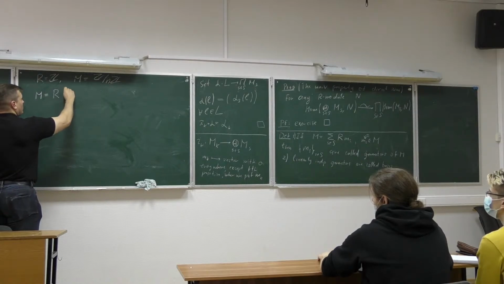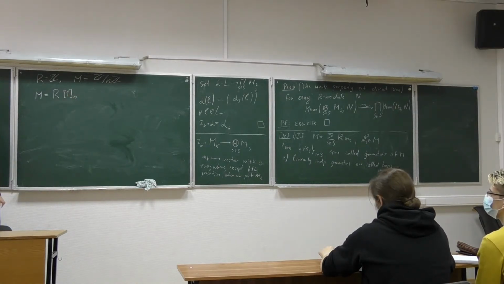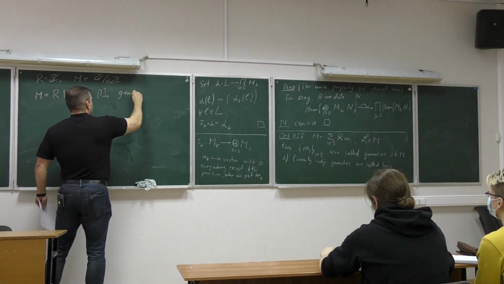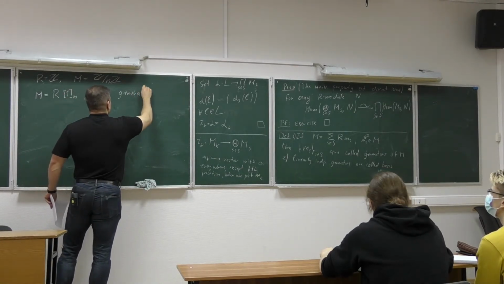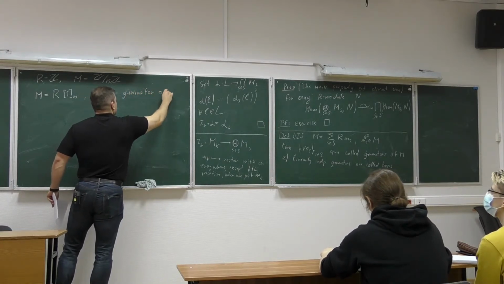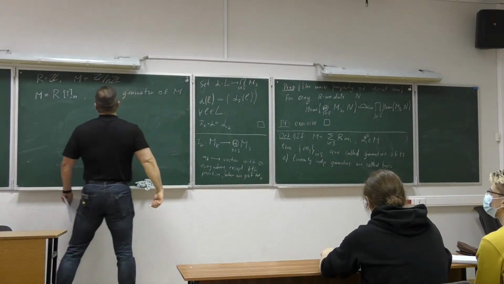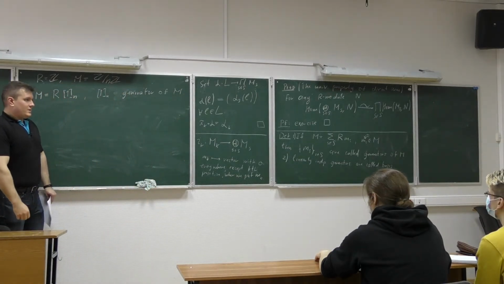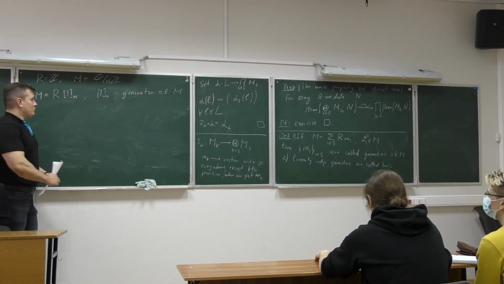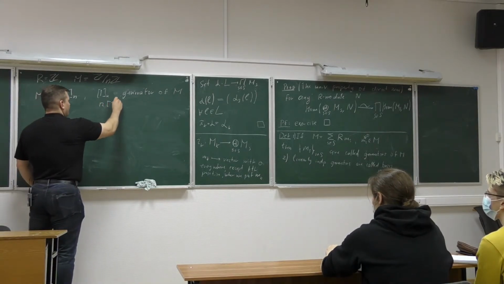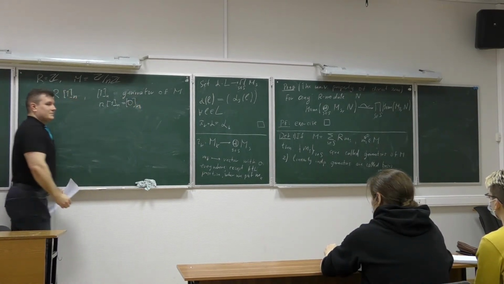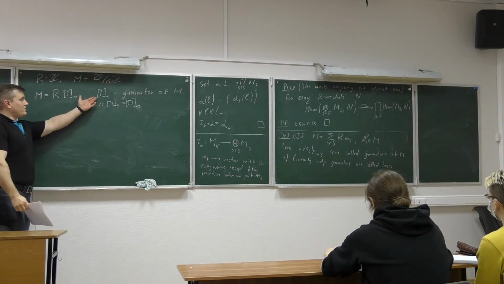So this is a generator of the module M. But of course this is not a basis, because for a basis we need the generators to be linearly independent. This one generator is not linearly independent, because if I multiply it by n, I'll get 0. So this is an example of a generator which is not a basis.